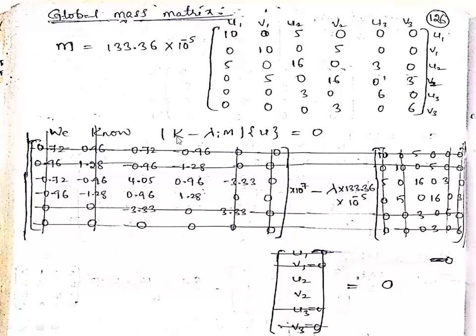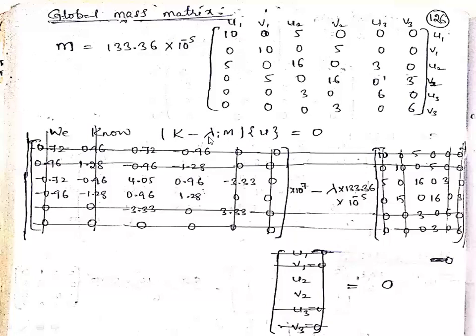Det of (k minus lambda m) into u is equal to 0, where k is the global stiffness matrix having a range of 6 by 6, lambda is a constant that we need to find, and m is the global mass matrix, also 6 by 6.